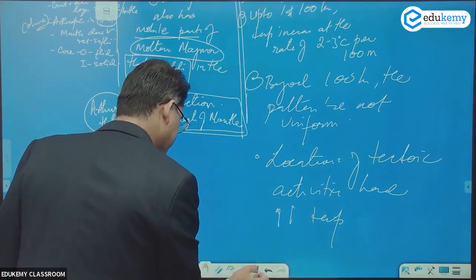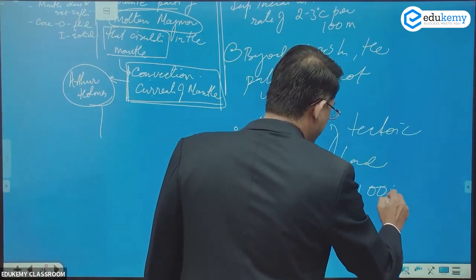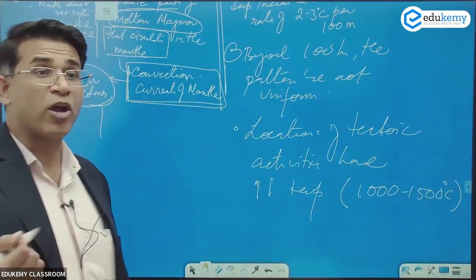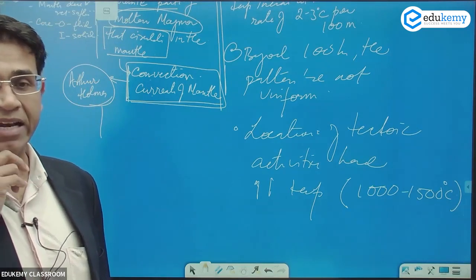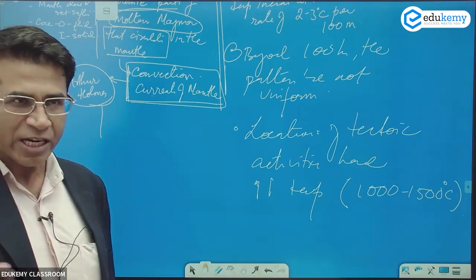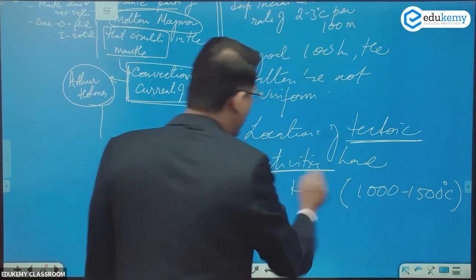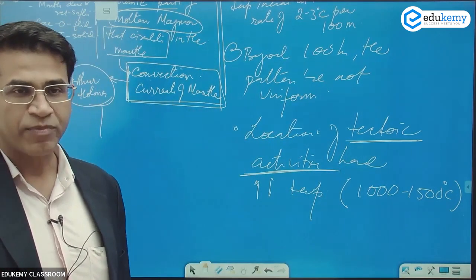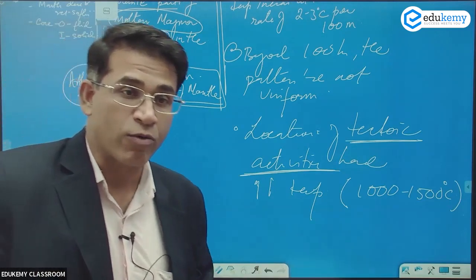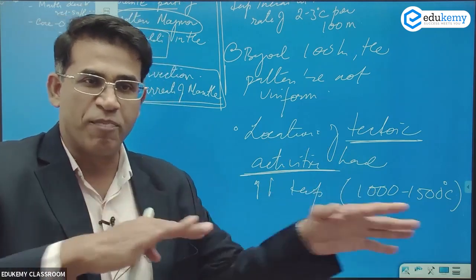The temperatures can be 1000 to 1500 degrees centigrade. It can vary, but the rule is that areas with tectonic activity are hotter. What do you mean by tectonic activity? Anybody? Basically, where we have mountain building going on, where we have volcanism going on, where some movements are happening.